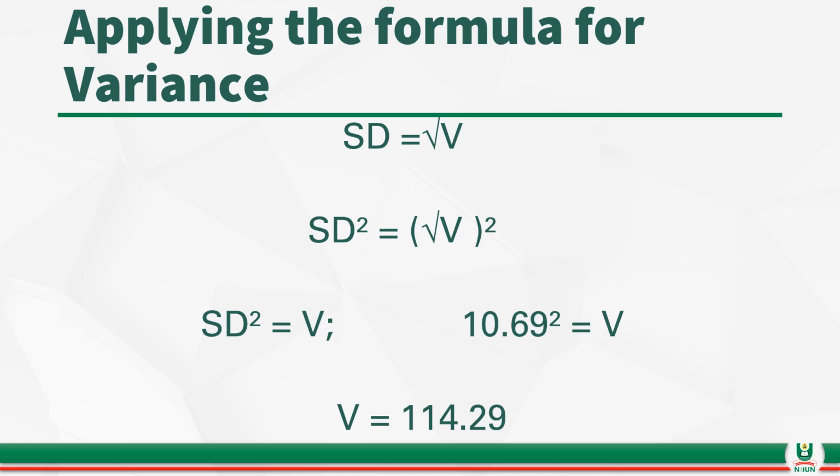Applying the formula for variance, variance is equal to standard deviation squared. Our standard deviation, remember from our previous slide, is 10.69. So 10.69 squared is the variance, which is equal to 114.29. That is our variance, 114.29.